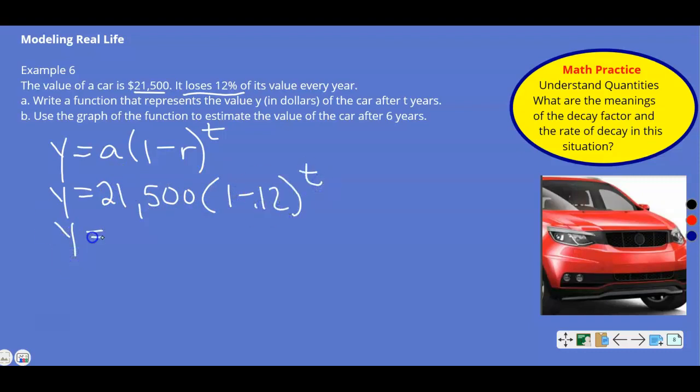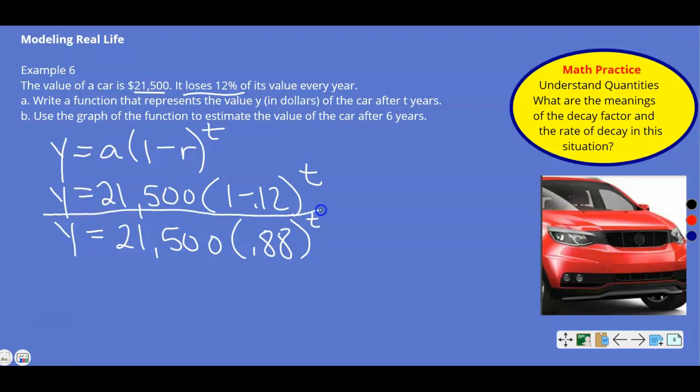All right, so y equals 21,500 times 0.88 to the t power. 1 minus 0.12 is 0.88, so that shows the decay factor, which makes sense because the value of a car would decrease. So we wrote a function that represents that scenario, so that's it. And then it says use the graph of the function to estimate the value of the car after 6 years.